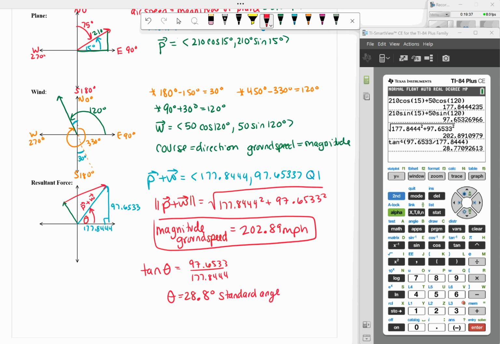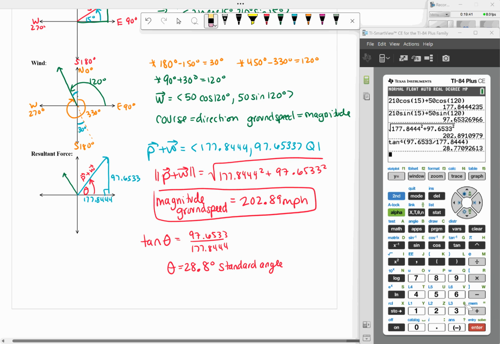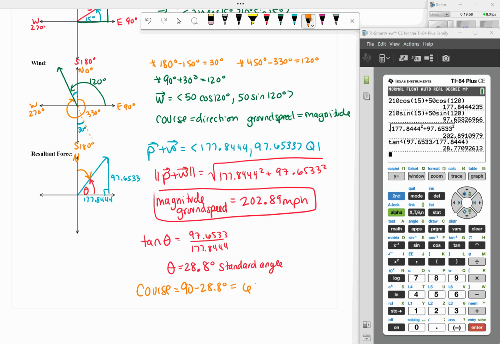But of course, the problem's using navigation, so we need to find the navigational angle, which would be from due north going this direction. So in navigation, the course would be equal to 90 minus 28.8 degrees, which gives us 61.2 degrees.